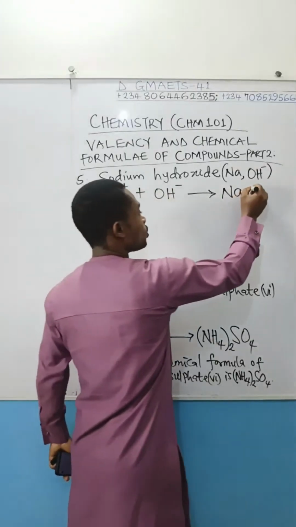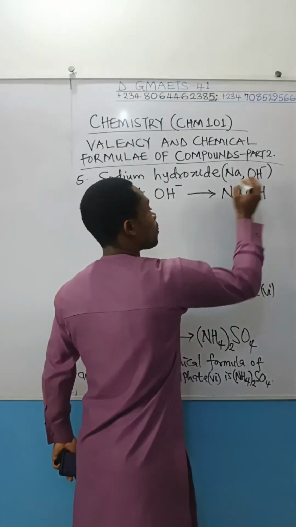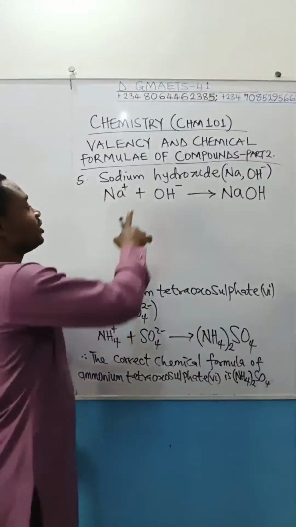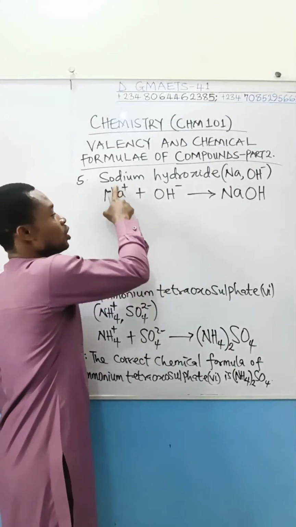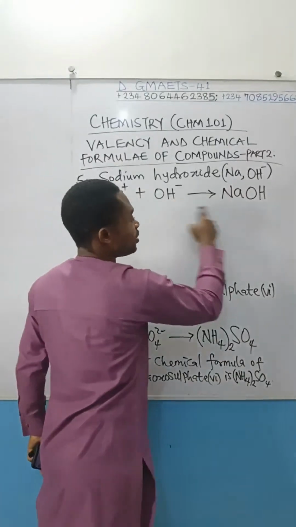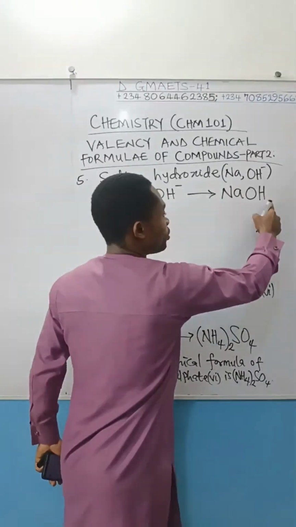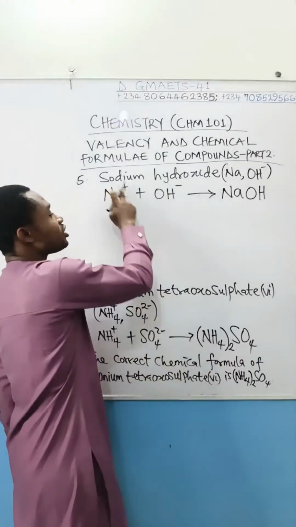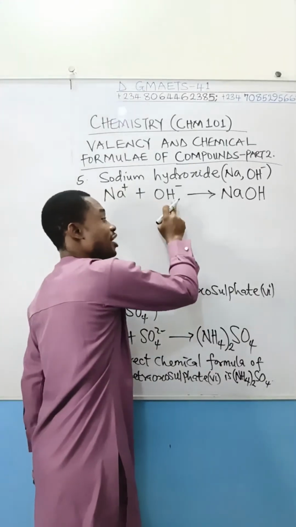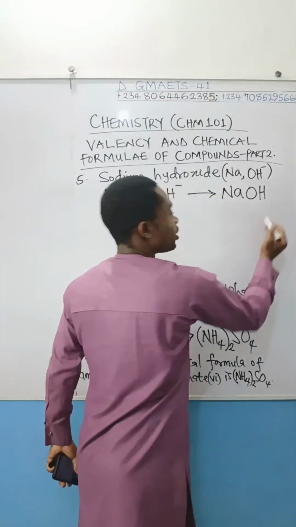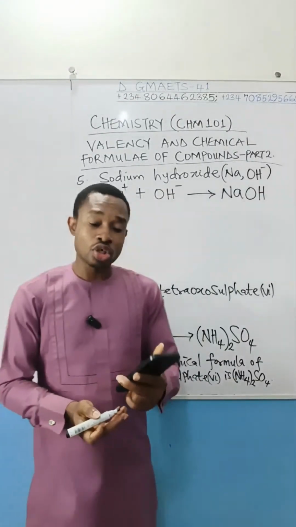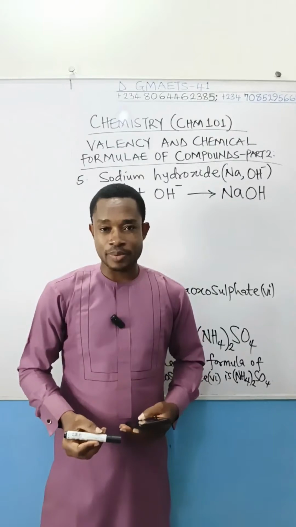Next, we combine it with the negative ion, OH negative. This OH is meant to receive this valency of 1 from sodium, which will come down as atomicity here. But I don't need to show it. I know that 1 is going to affect oxygen and hydrogen, which means this is going to be in bracket with the 1 outside. But I don't need to show it. Like I said, reason is simple.